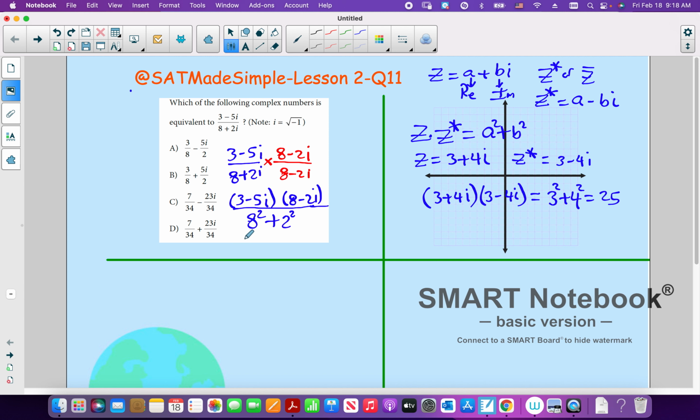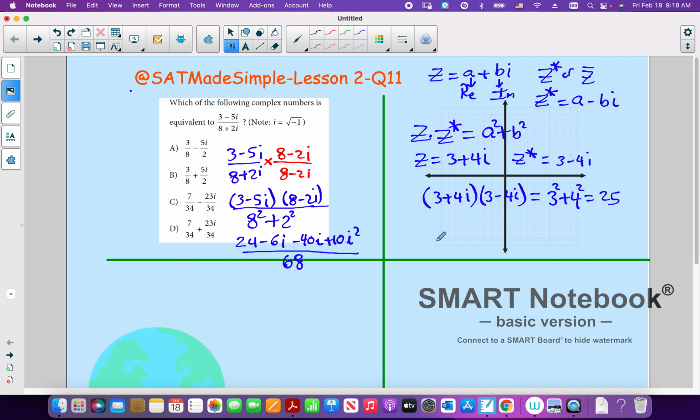So working that out, that will give me 3 times 8, 24, minus 6i, minus 40i, plus, minus times minus is plus, so 5 times 2 is 10, i times i, i squared, over, don't forget, 64 plus 4, that is 68.